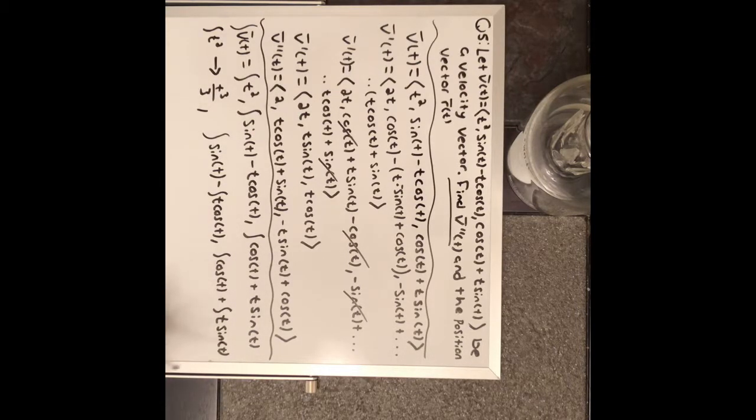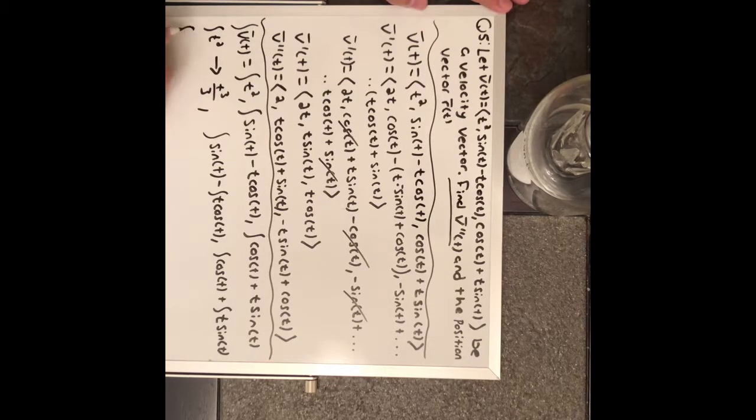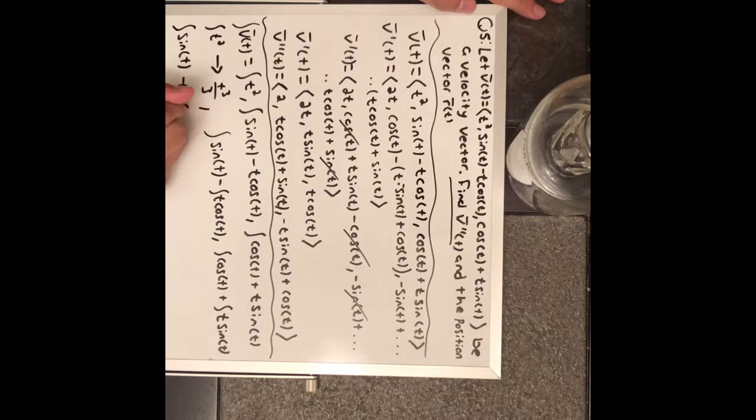So let's solve for the integral of sine of t. We know our integrations. We know that the integral of sine of t would just be negative cosine of t.